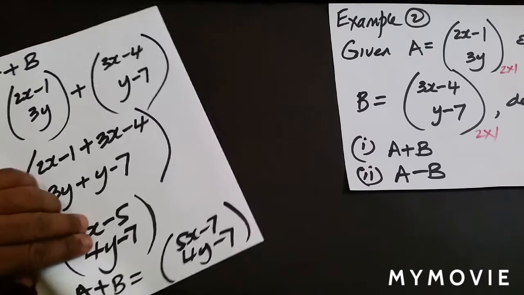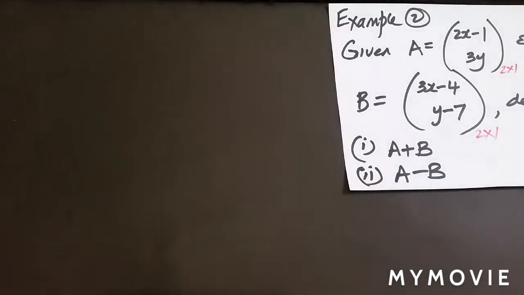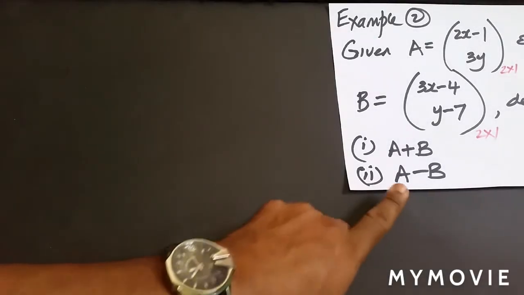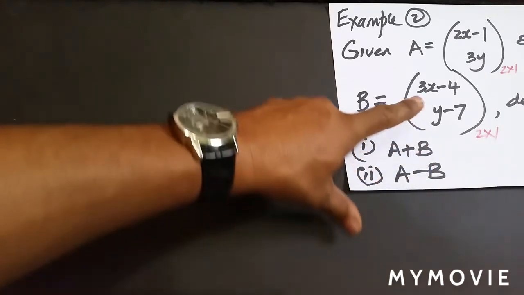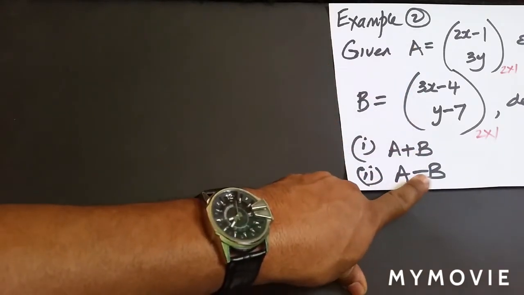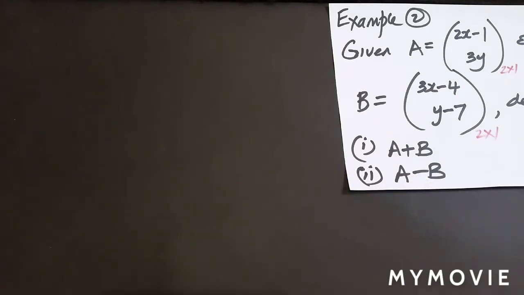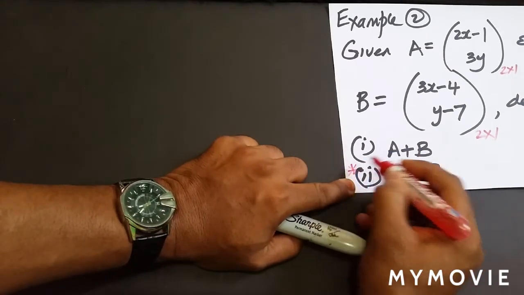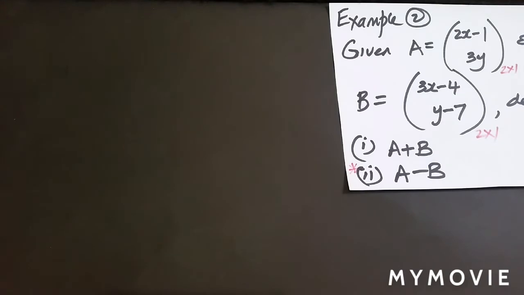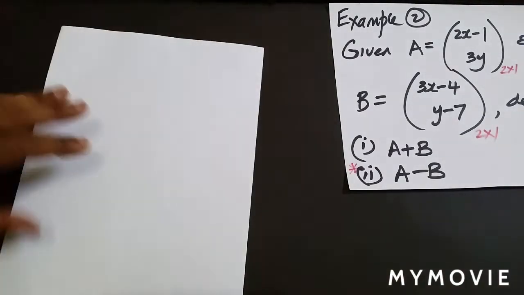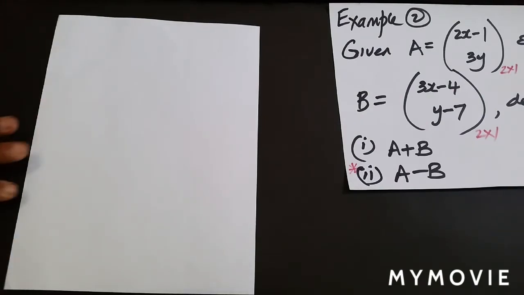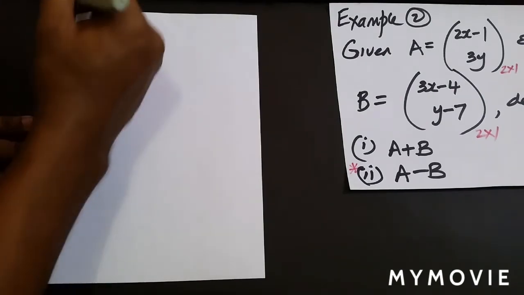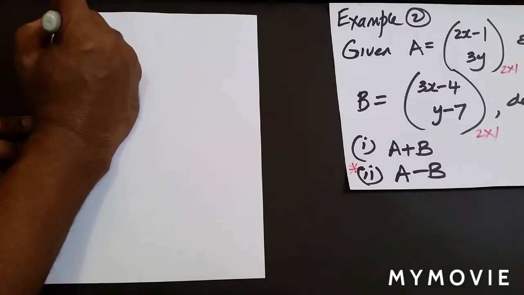Now, when it comes to part 2, A minus B, because it's a subtraction and we're dealing with algebraic expressions, this problem you have to pay special attention to. I'm just going to put an asterisk right here because this one is extremely important for you to remember: when you're working with algebraic expressions, you need to put them in brackets. So let's get the ball rolling with part 2.